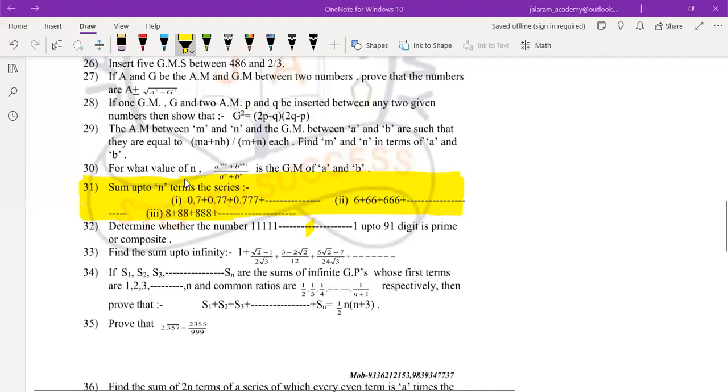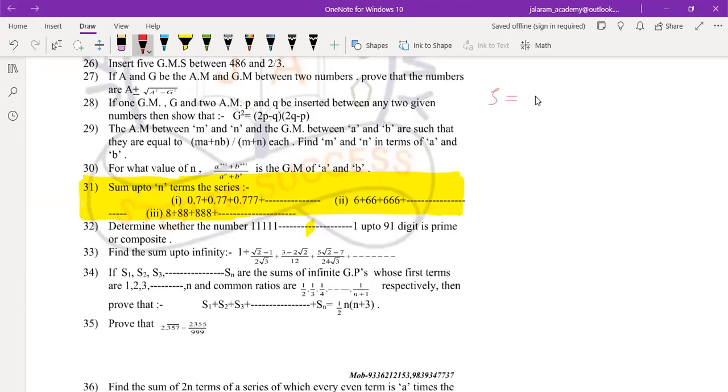Now we will study the method to find the sum up to n terms of a series of this type, like 0.7 plus 0.77 plus 0.777. So how to find this sum?